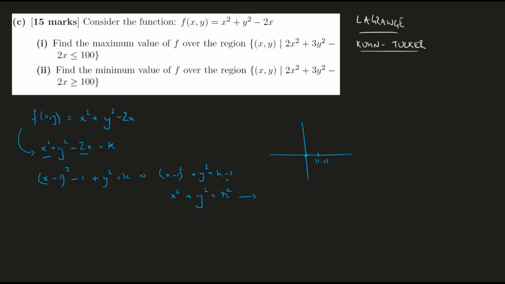And the radius of the circle is the square root of k minus 1. So we have a circle centered at (1, 0) with the radius square root of k minus 1. My objective function f will take values k for different values of x and y. As k increases, the circle's radius would increase.